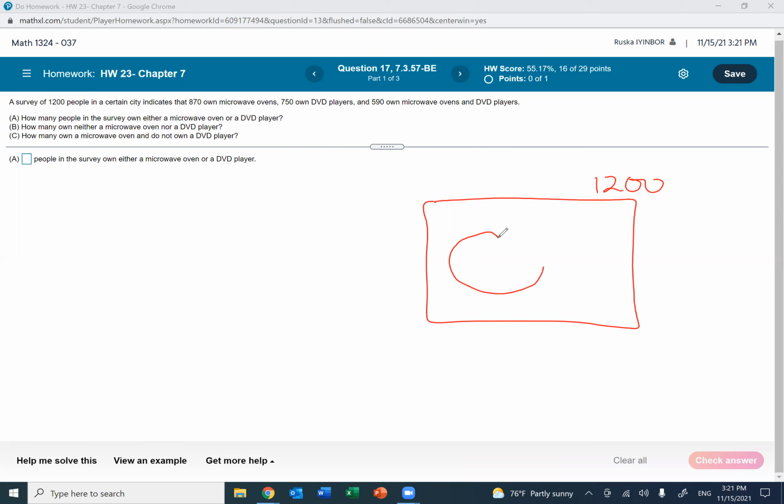Some of them have a microwave. So this is the set of people who own a microwave, and these are the people who own a DVD player. And 590 own both. So this is 590. So the number of people who own only a microwave, we're going to subtract 870 minus 590.